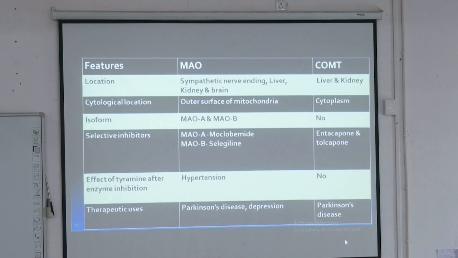Now, you have become a doctor, a very good physician. One patient comes to you with a history of depression like this. MAO inhibitors are one of the drugs for the treatment of depression or Parkinsonism, whatever it might be.